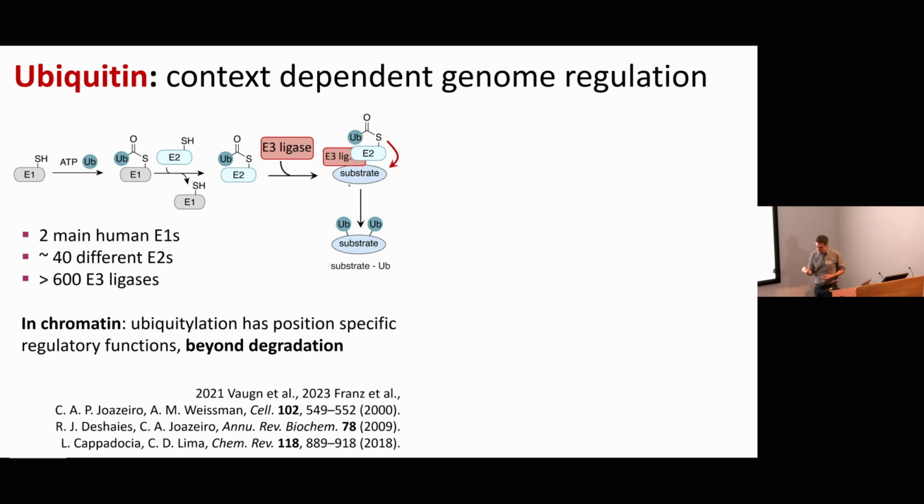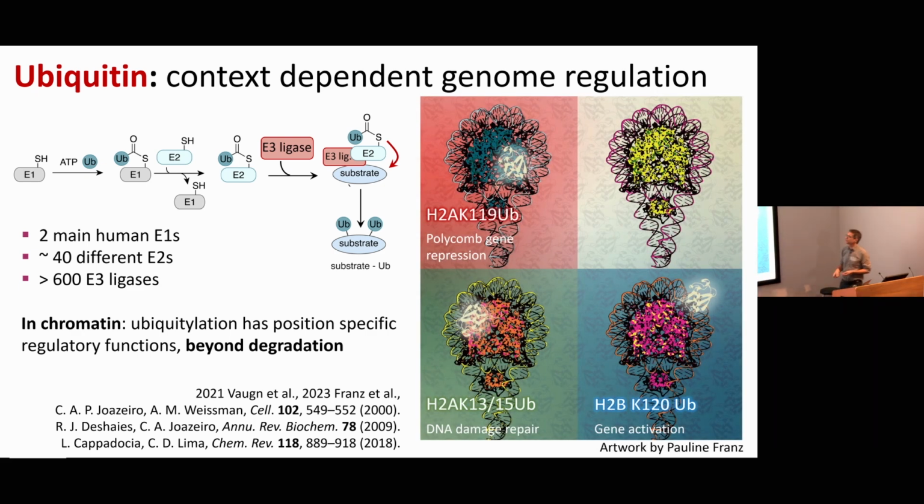And this process of ubiquitination plays a key role in chromatin regulation because histones have many different ubiquitination sites, and they have very site-specific activities. So, for example, if you ubiquitinate histones down here at H2A lysine 119, that leads to gene repression through the Polycomb system.